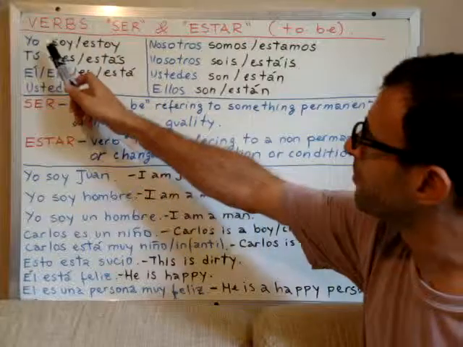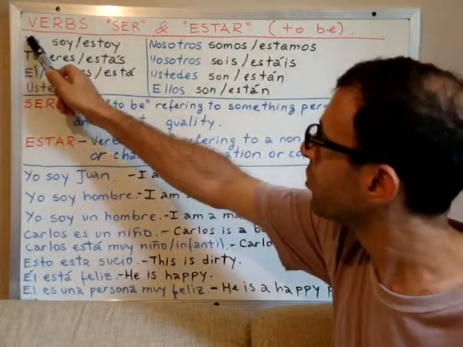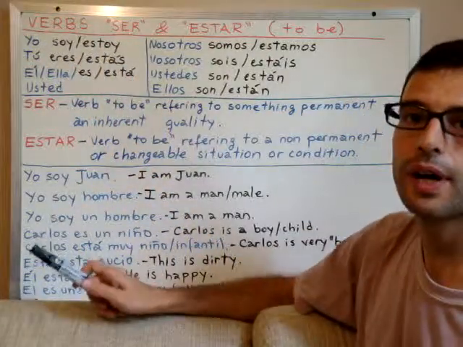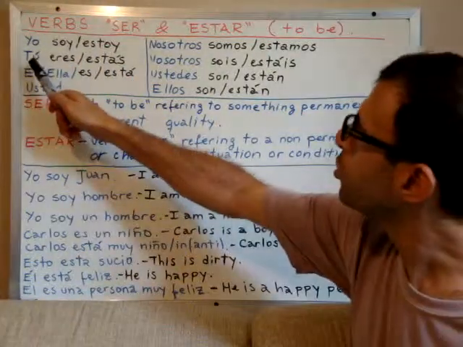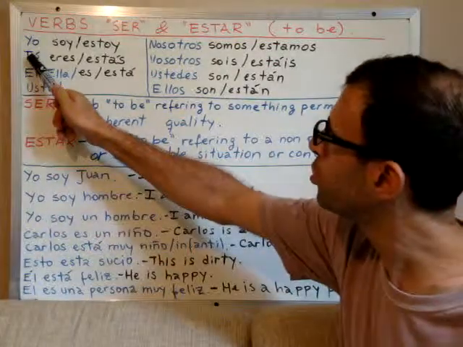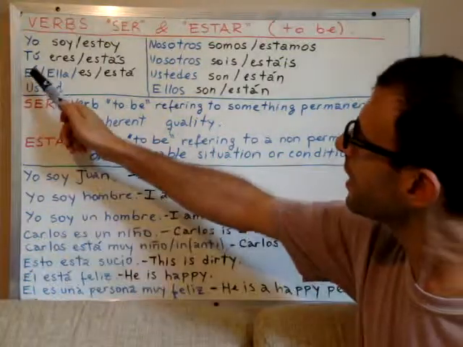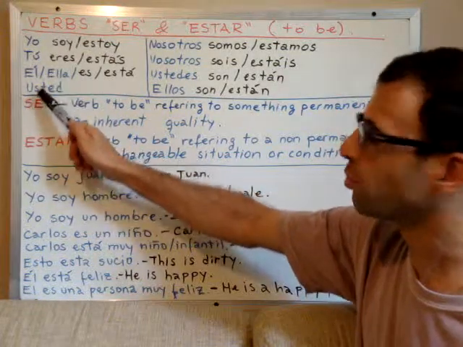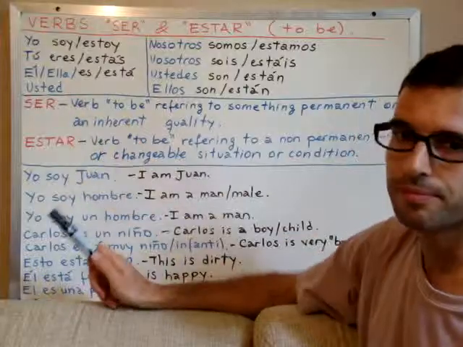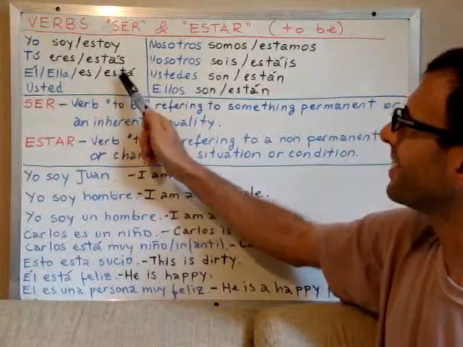Now let's begin. Yo soy, I am, or yo estoy, I am. Tú eres, you are. Tú estás, you are. Él or ella or usted es. Él or ella or usted está.